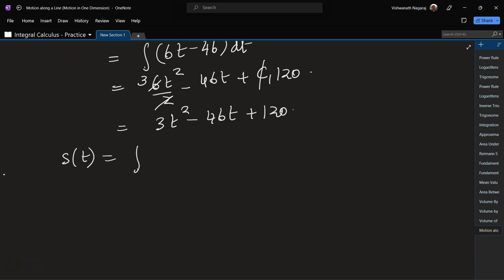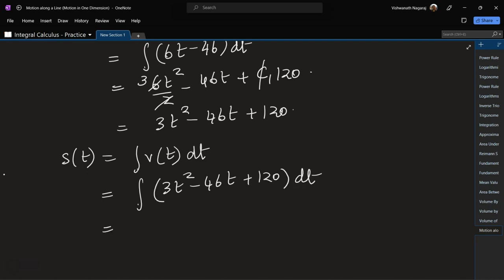This would be the integral of V of t dt, which gives us the integral of 3t square minus 46t plus 120. If we integrate it, we get 3t cube by 3 minus 46t square by 2 plus 120t plus C2.